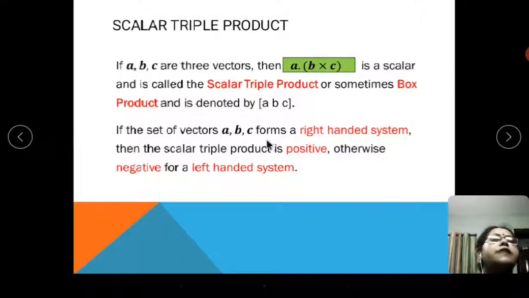The vectors A, B, C will be said to form a right-handed system if, as we move from A to B in an anti-clockwise direction, then the C vector will point along the direction in which a right-handed screw will move. This we have seen in our last session on vector product.